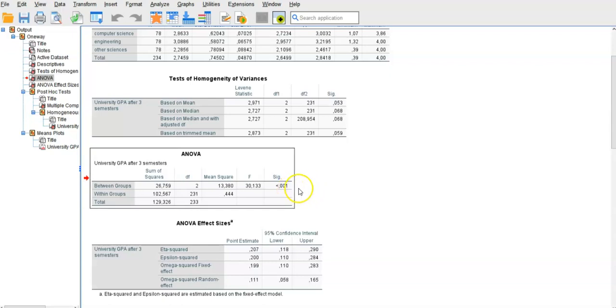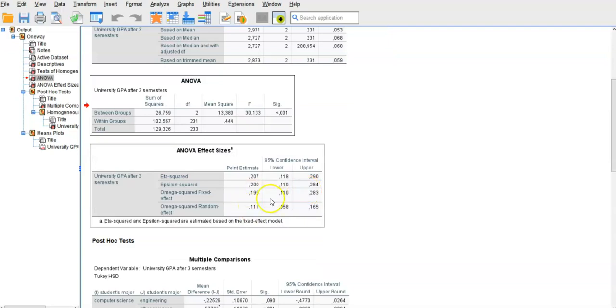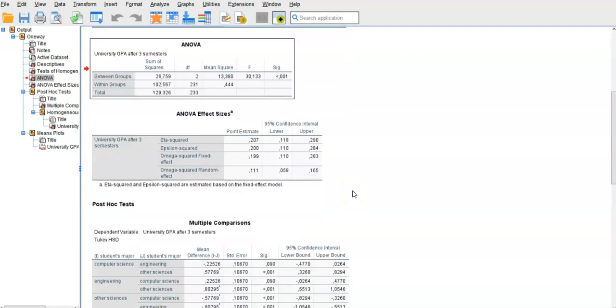But we don't know yet which one is different. And this is the effect size, how much it is likely to matter in real life. That is eta squared, and you have the value here. This means it is large. You will have your table about how you can interpret the eta squared, and this is the area of the big effect.